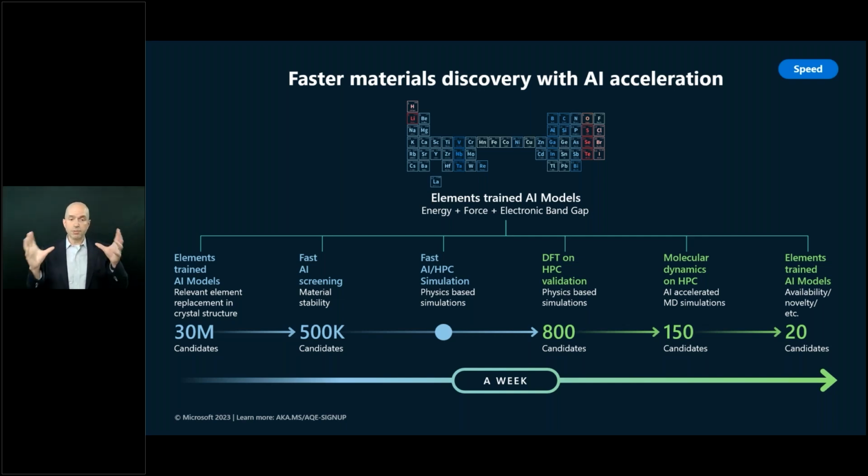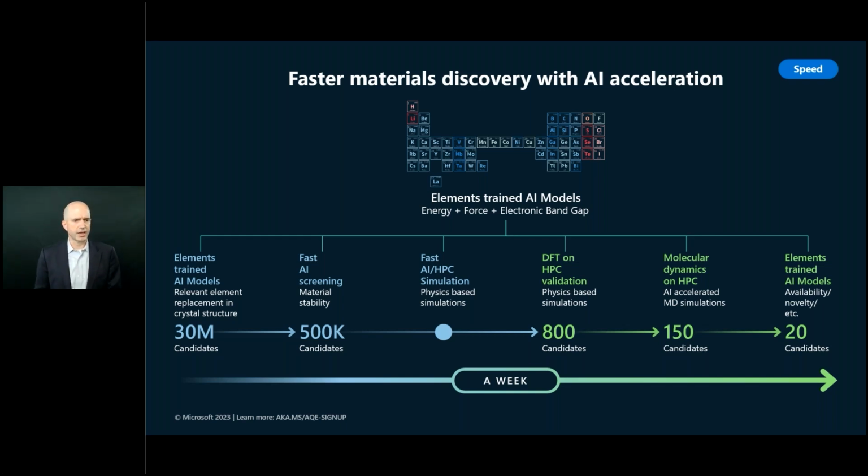So that first part of our discovery funnel, that initial winnowing down, allows us to look at many, many more candidates. In about a week, the traditional methods would be able to look at maybe 1,000 candidates. We can use this approach, and in a week, we can look at 30 million candidates instead. And that's essential because as you know, with materials discovery, what goes in determines what comes out. And if you're not able to look at very many starting structures, then you really could be missing some of the most promising candidates.